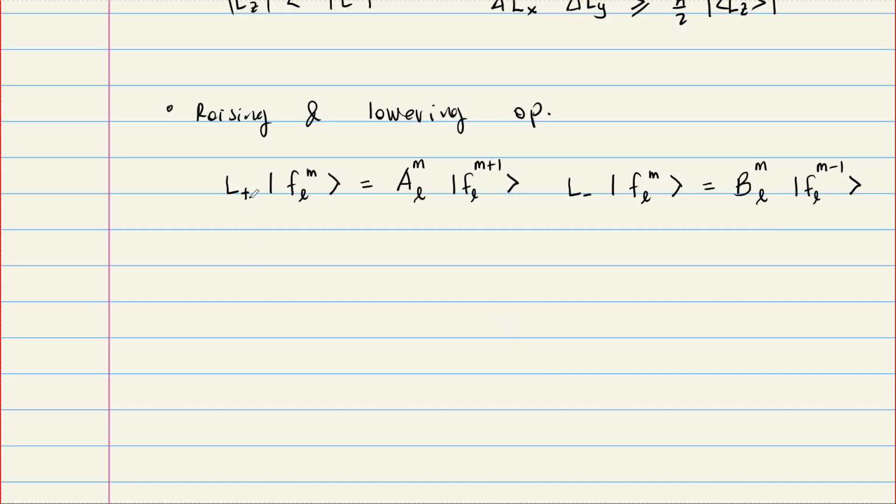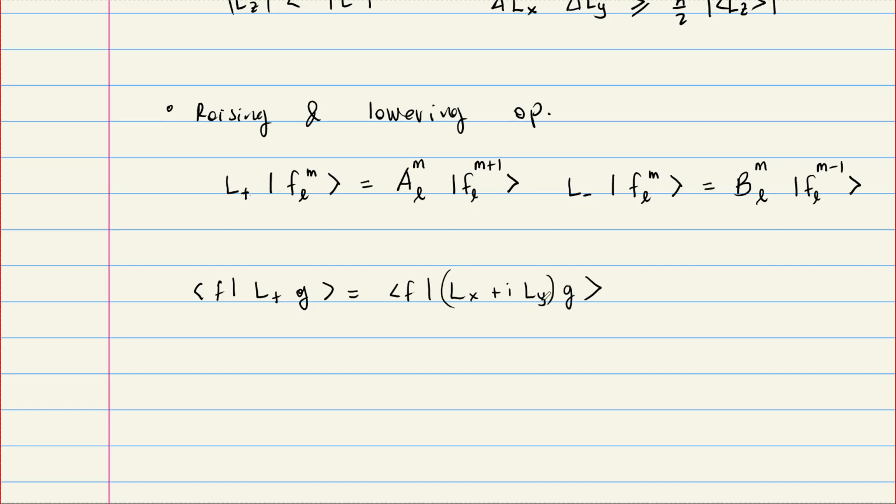First, I want to show this L plus is the Hermitian conjugate of L minus, and L minus is the Hermitian conjugate of L plus. So let's show that. Let's take <f| L plus |g>, which is equal to <f| (Lx plus i Ly) |g>, right?